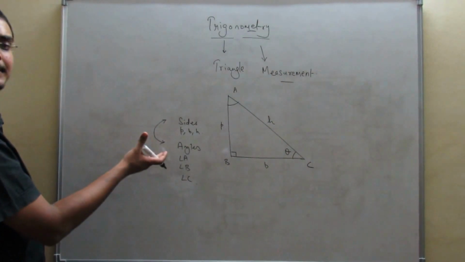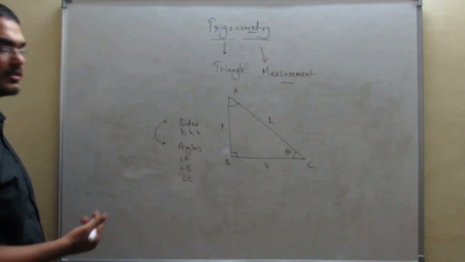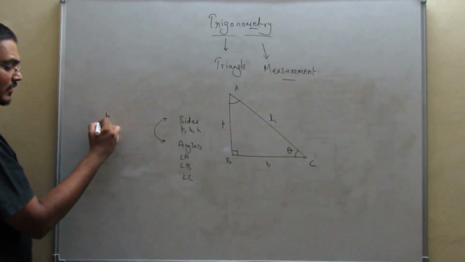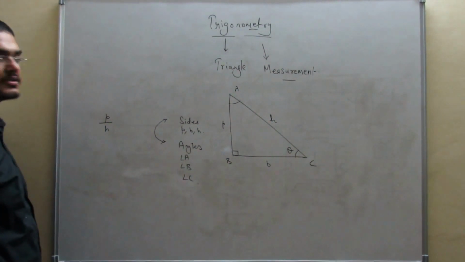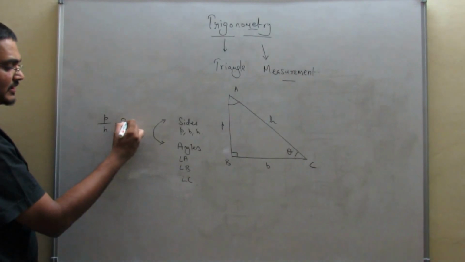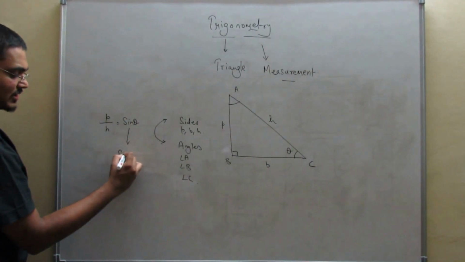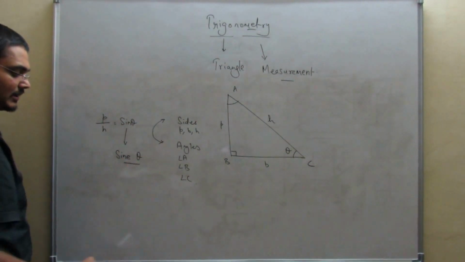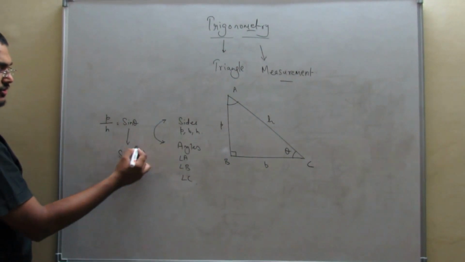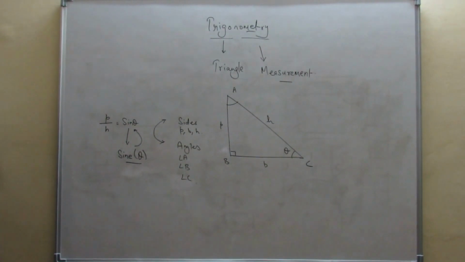How do I relate them? I use ratio of sides. So when I talk about perpendicular upon hypotenuse, this I say is sine theta. Its full form is sine of angle theta, which in short I write sin theta.